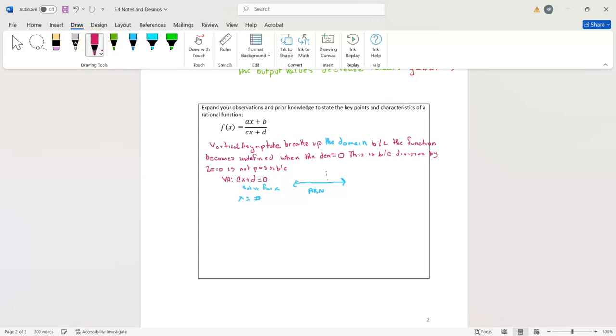In this case, the domain is going to get restricted wherever this vertical asymptote is. So the domain of our function is always going to be all real numbers except x equals the vertical asymptote, wherever that value ends up. Okay, so that's what the vertical asymptote does for us.